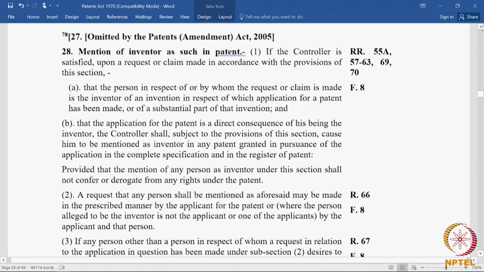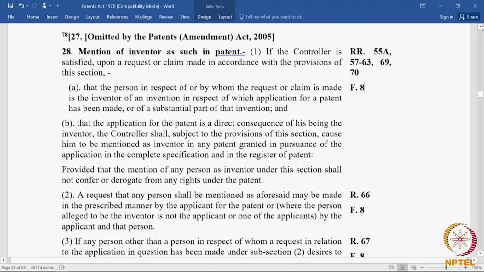The person who is an applicant need not be an inventor. There are cases where the inventor assigns his invention to the applicant, and the applicant can file the application and pursue the application. The inventor necessarily has to have a connection with the creation of the invention.